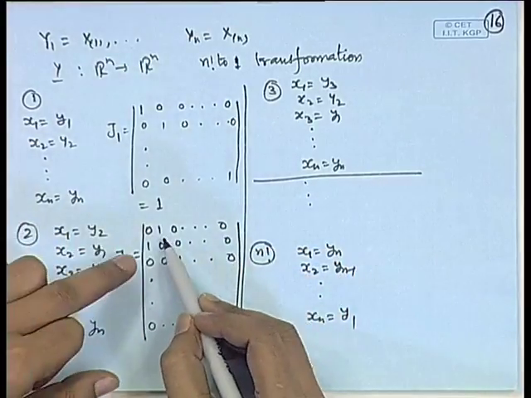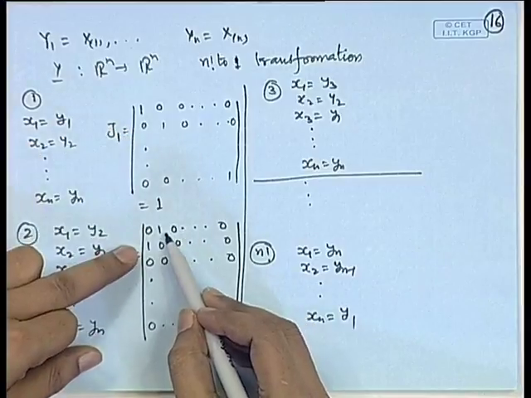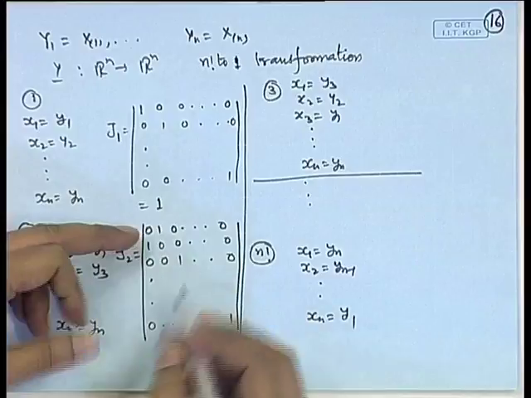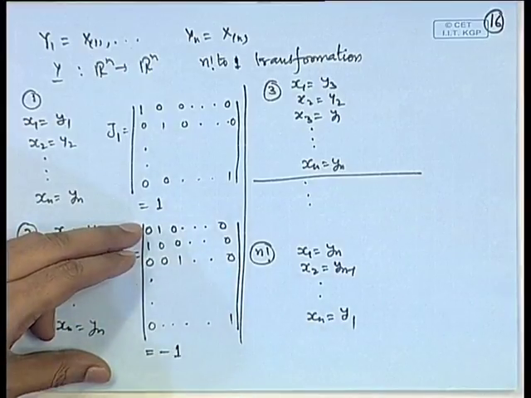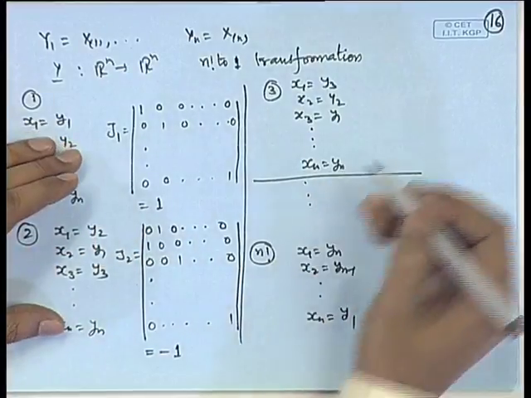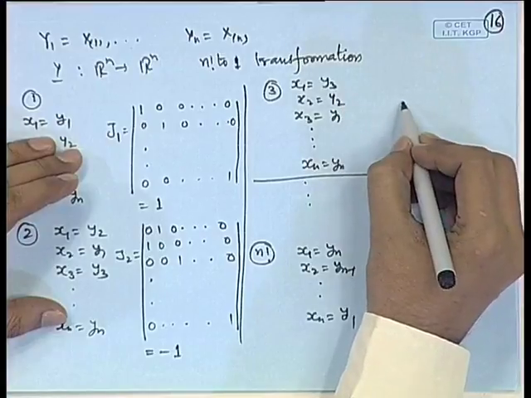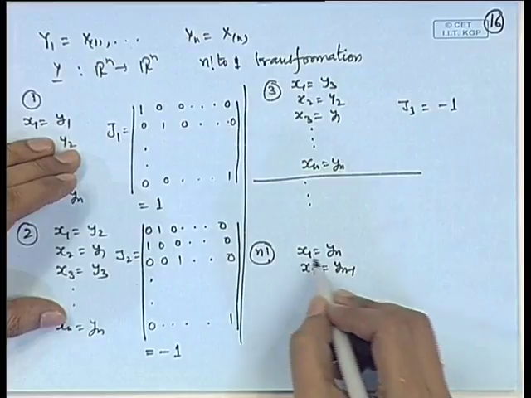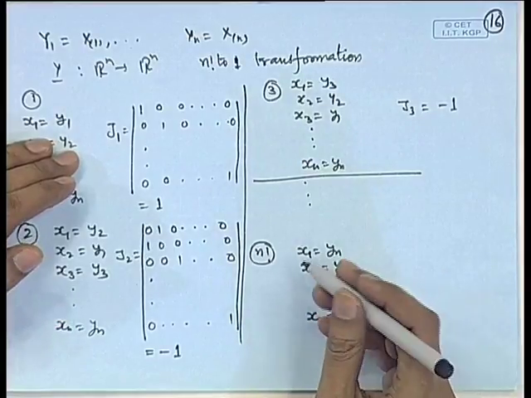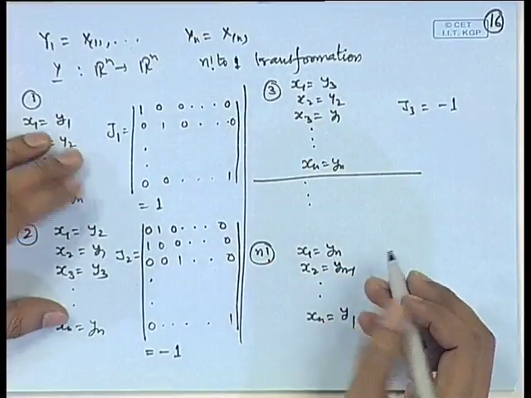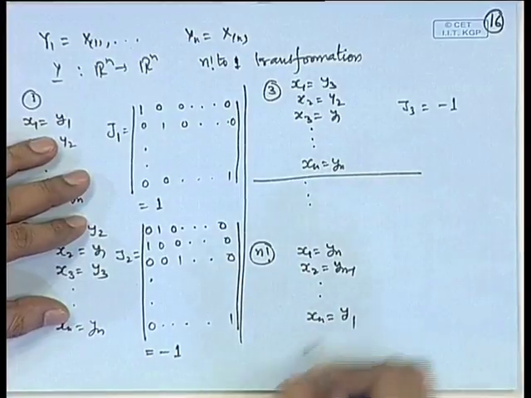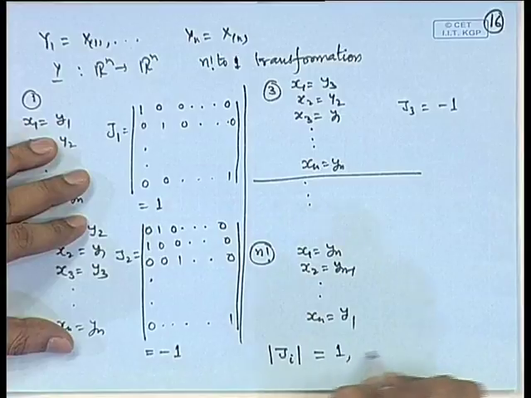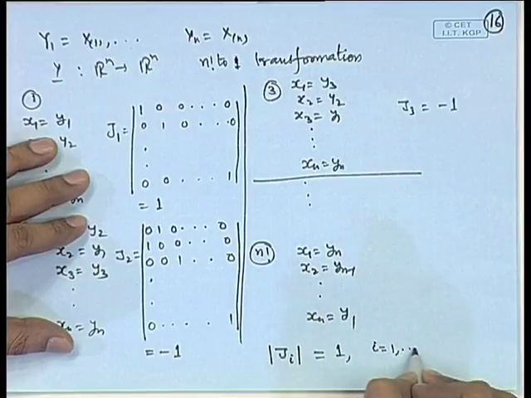Note here that this is obtained from J 1 by interchanging the first and second row or first and second column. So, the value of this will be minus 1. So, likewise, the Jacobian in each case will be either plus 1 or minus 1, because it is obtained by permuting rows of the identity matrix. So, Jacobian absolute values for each of them will be 1 only.